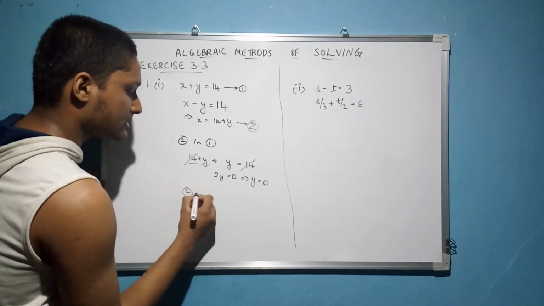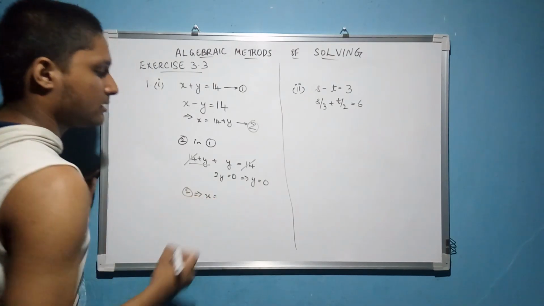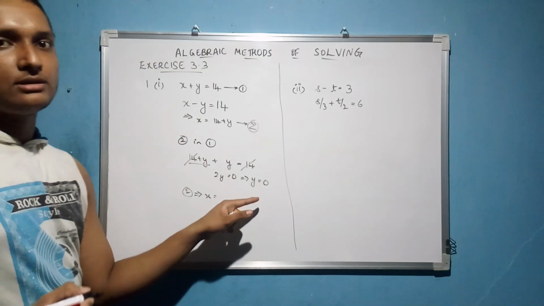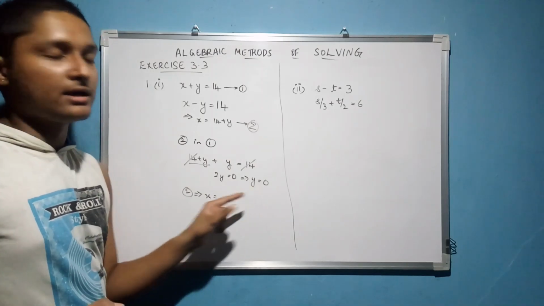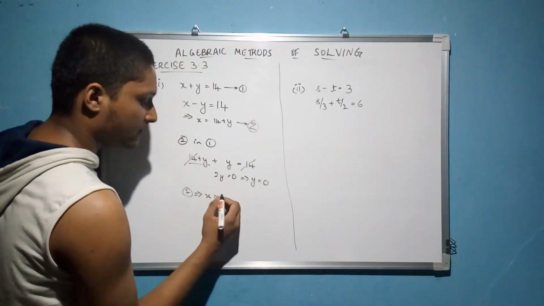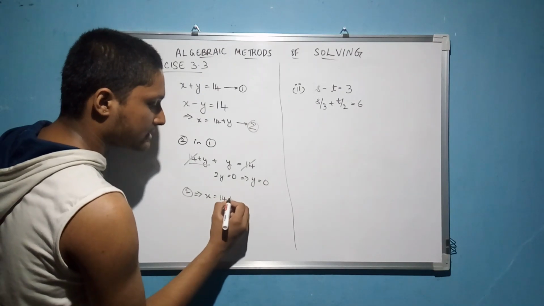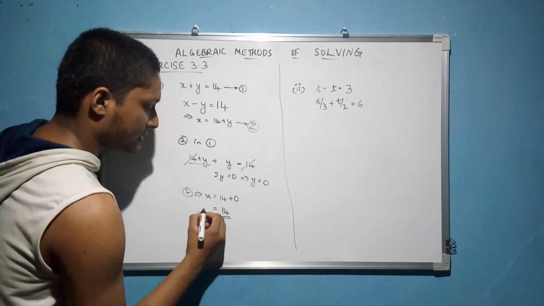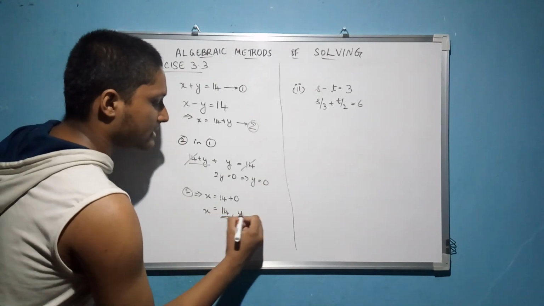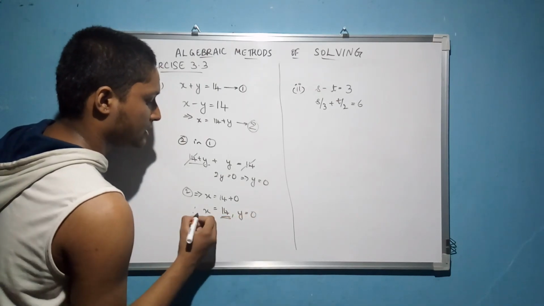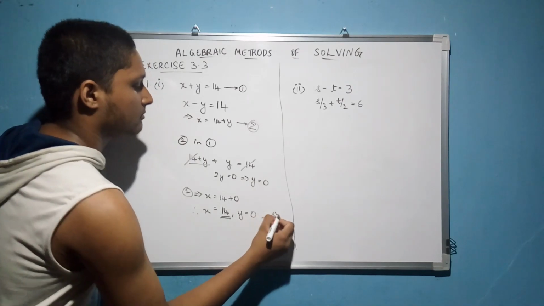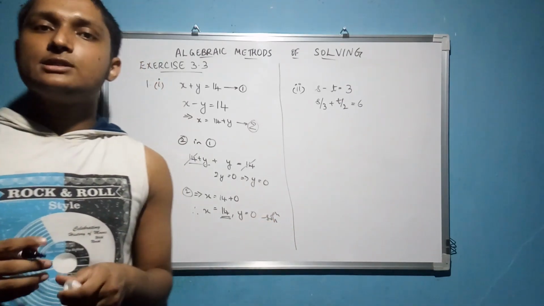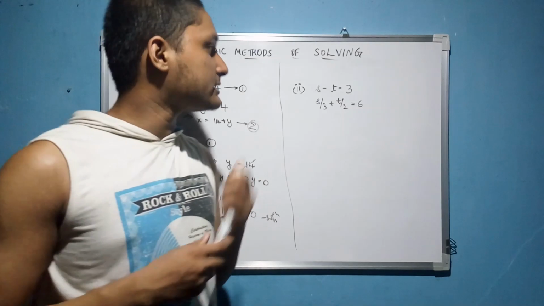From the second equation you can find x, because y has already been found to be 0. What is x going to be? x is 14 plus 0, that is going to be 14. Therefore x is equal to 14, y is equal to 0 is the solution for the given pair of linear equations in two variables.